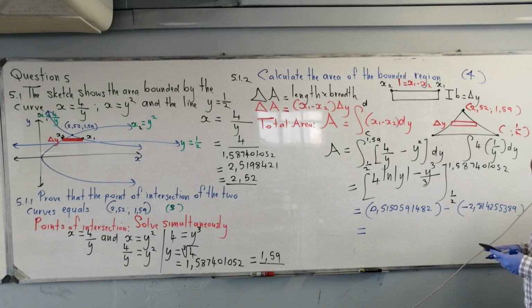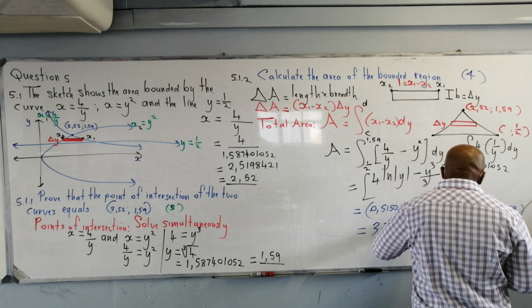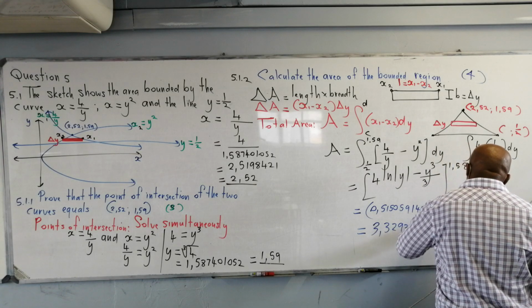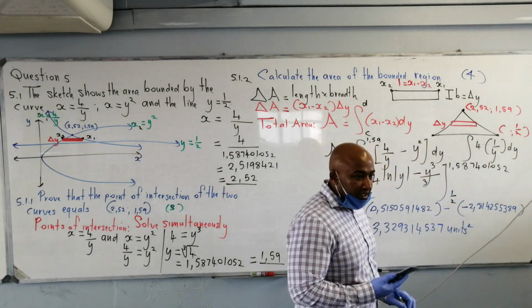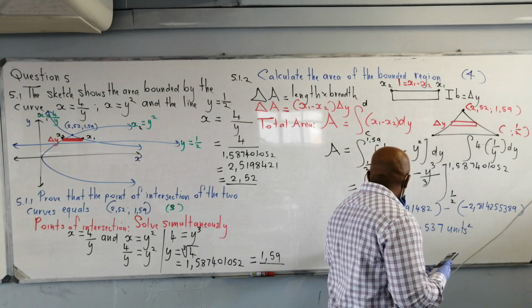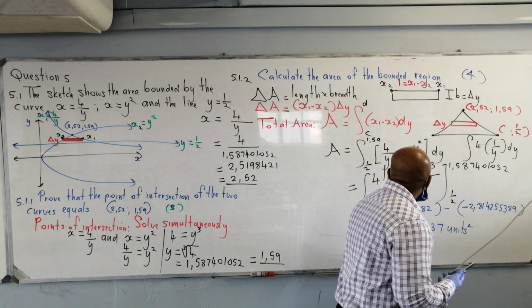So that's 0,515,059,1482 plus 2,814,255,389, and the area is 3,329,314,537 units squared. That is the area. So therefore it's 3,329 rounded off to 3 decimal places.